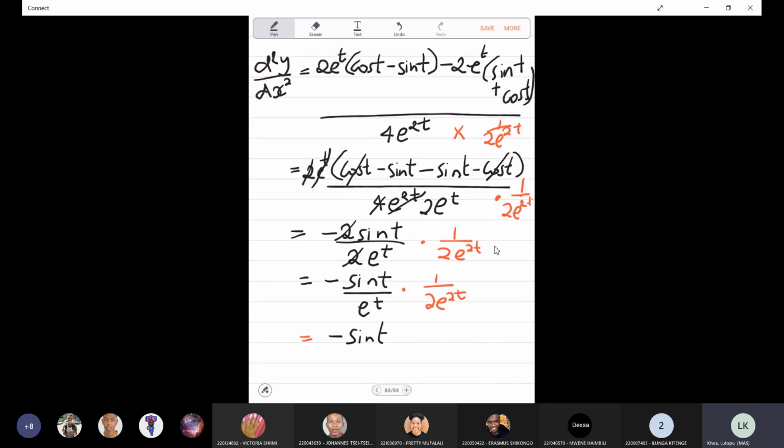Negative sine t over 2e to the power of 3t. I don't know if that is correct now. Okay, let's see what I did wrong. This should be a minus. Okay, so you can check this one again.